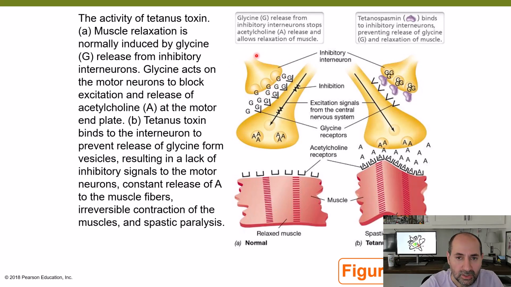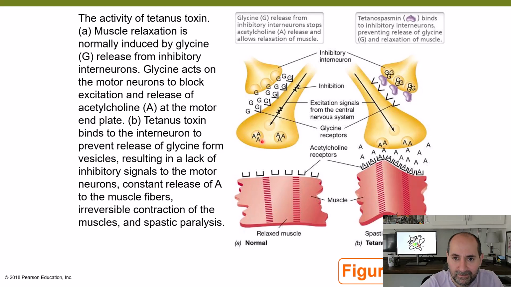When you want to relax your muscles, the inhibitory interneurons will release their glycine, and then glycine will bind to this motor neuron. Glycine acts on motor neurons to block excitation and release of acetylcholine.